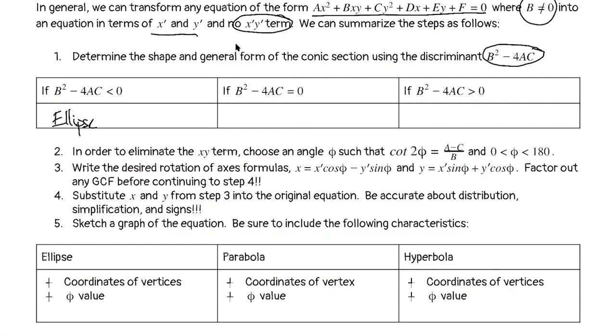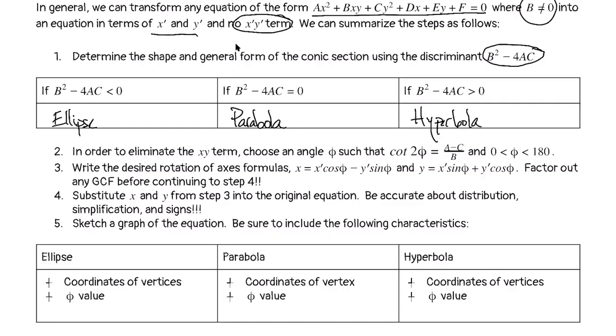Now, if you plug things into your discriminant, b squared minus 4ac, and you happen to get 0, that's okay. That's going to give you a parabola. Which means that if b squared minus 4ac is greater than 0, you are going to have yourself a hyperbola.